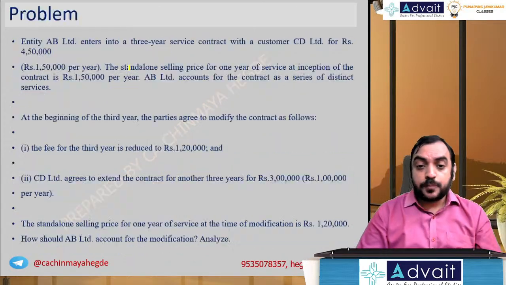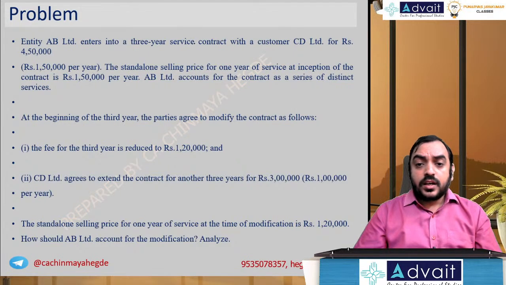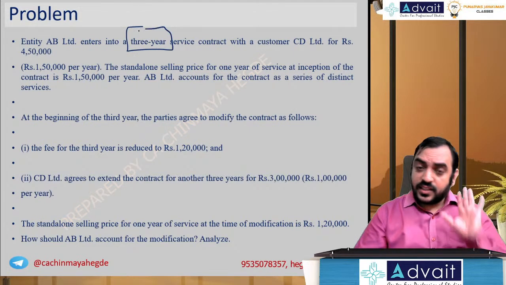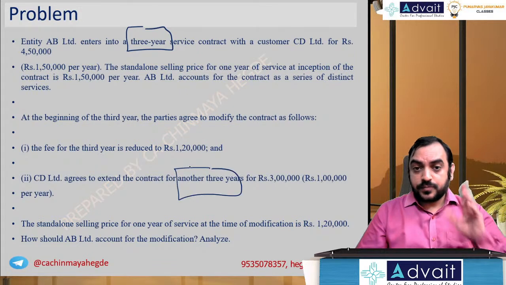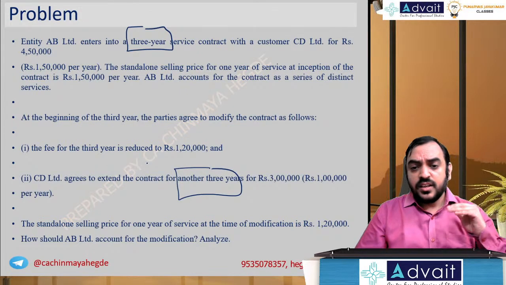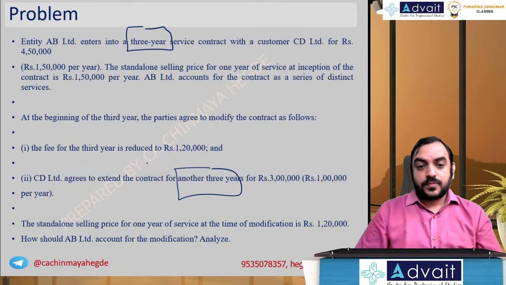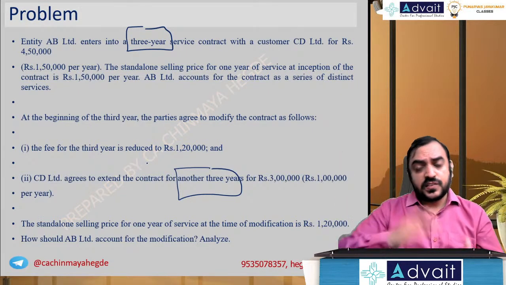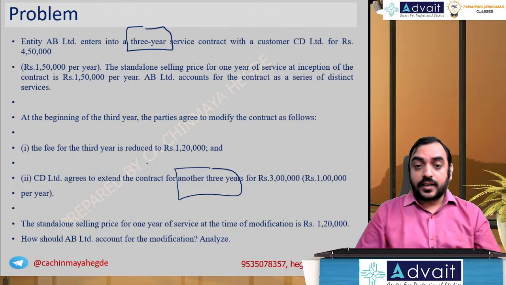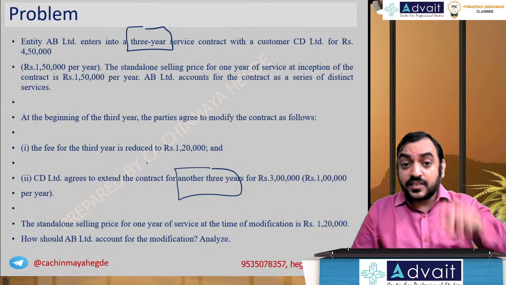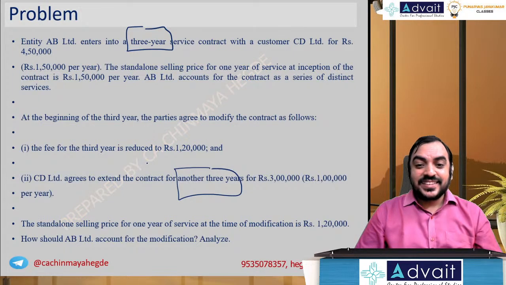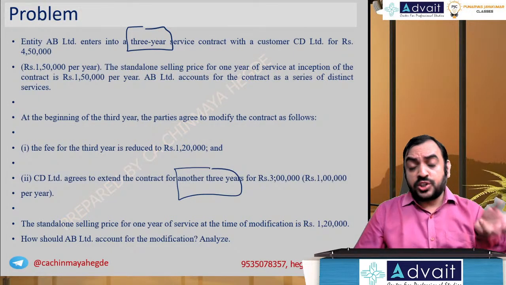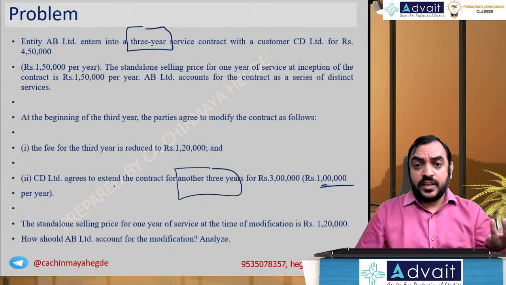In this problem, the initial contract was for a 3-year service and now they are modifying it for another 3 years. So there is an increase. Modifying for another 3 years, there is a change in the contract. Now for another 3 years, are they charging reasonable fees? What they are charging for 3 years is 3 lakh, 1 lakh per year.